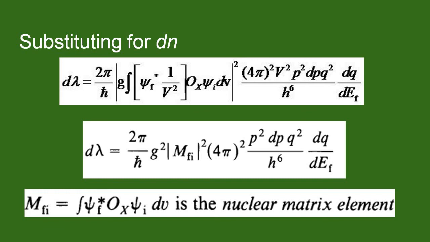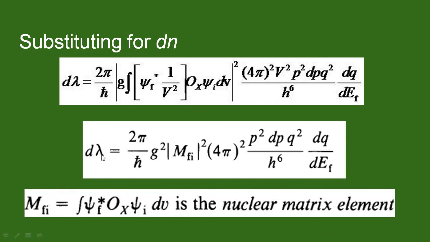And now we substitute for dN. dN is 4 pi square V square p square dp q square dq divided by h raised to 6, and this is dEf. Here it should be 1 by V, which I will correct, so this V has a square. So this V square and this V square cancel each other.